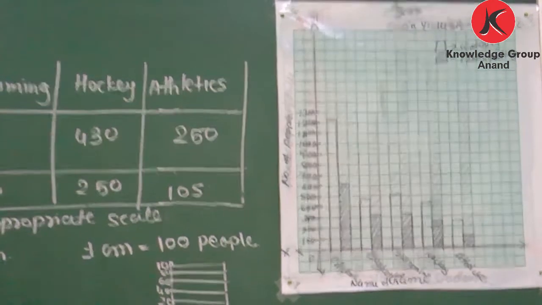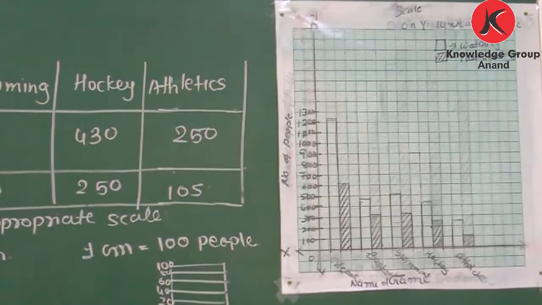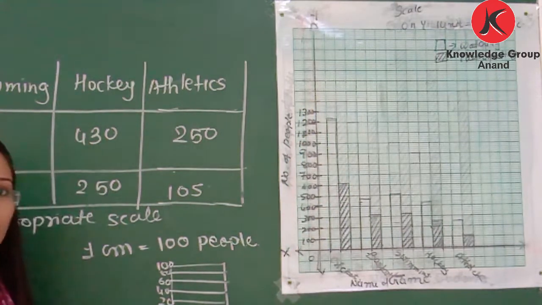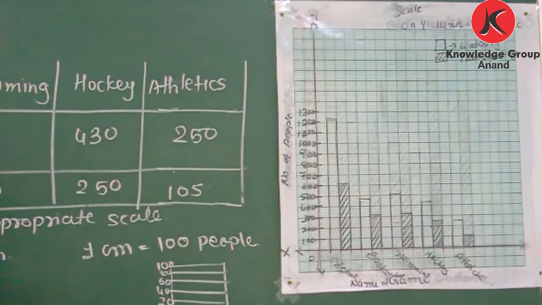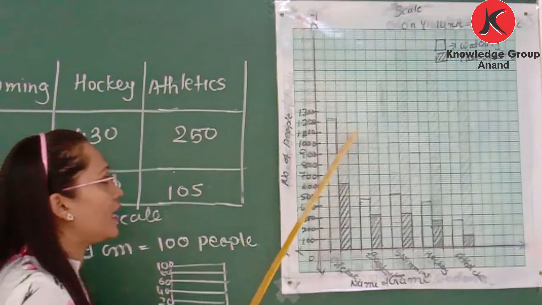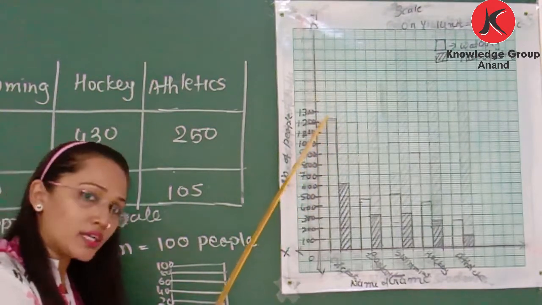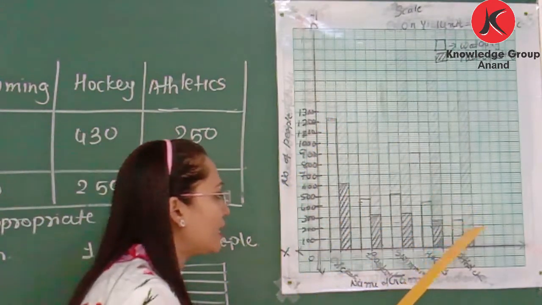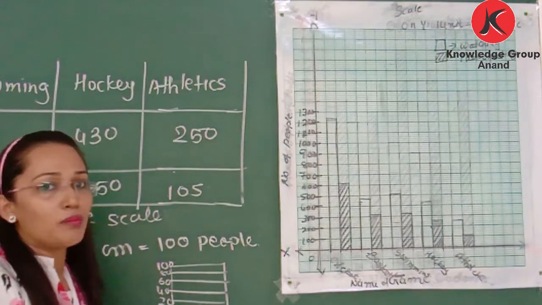Now the questions given are: draw a double bar graph, and what do you infer from the bar graph? What information do we get? You can see from the graph that cricket is liked most and athletics is liked least by the people.